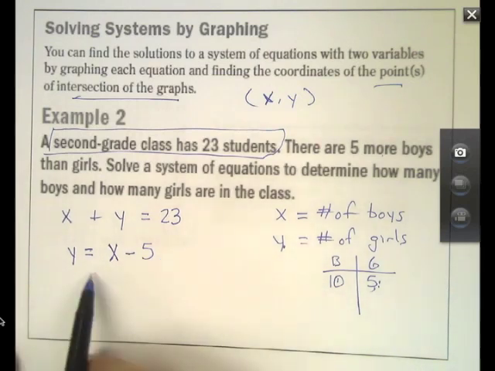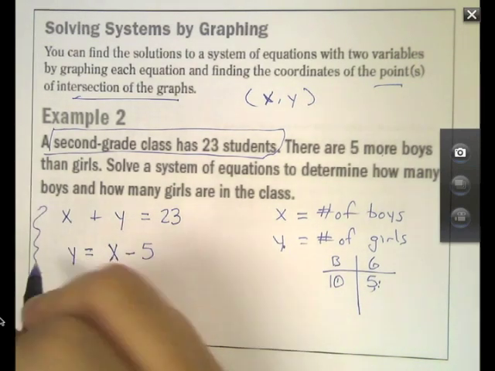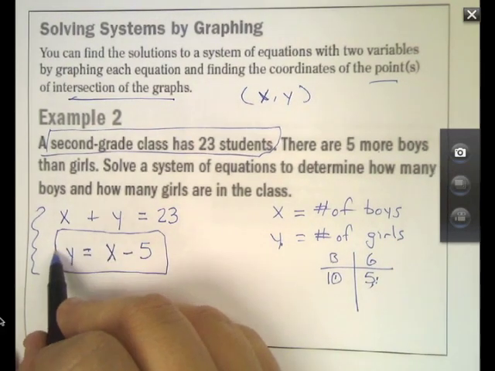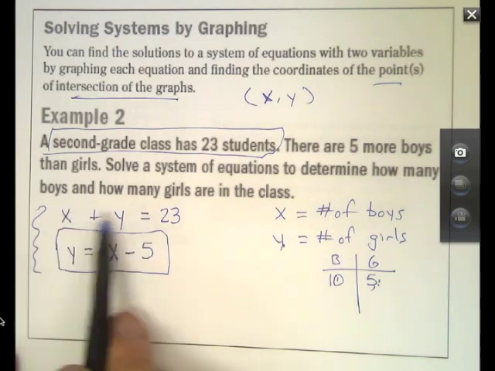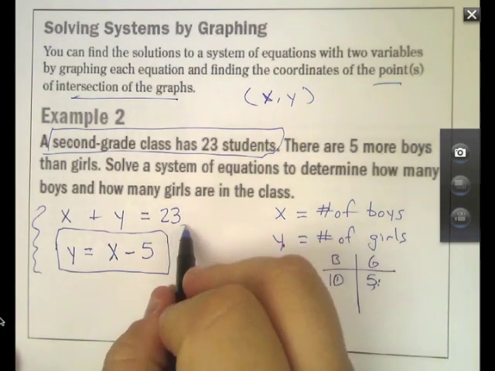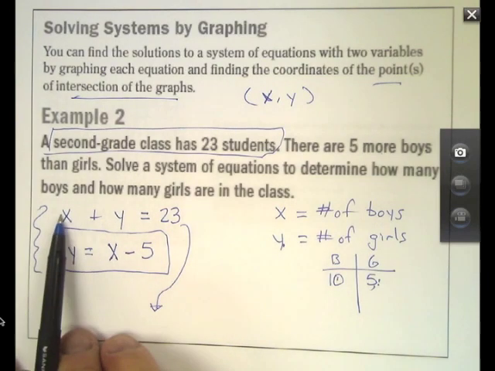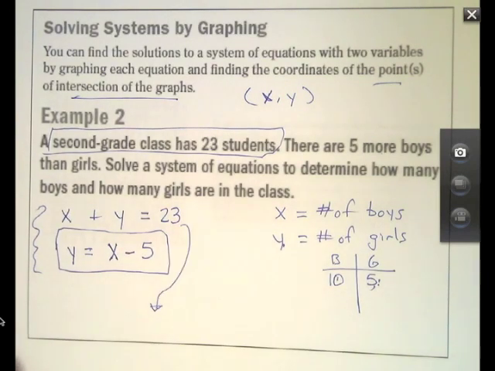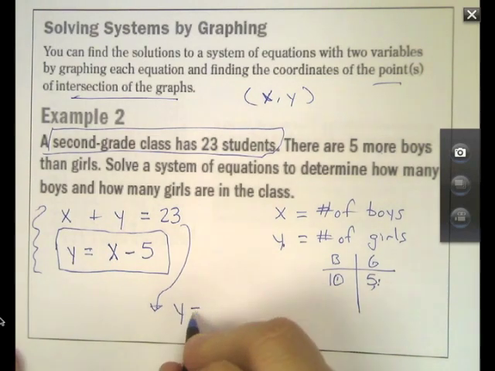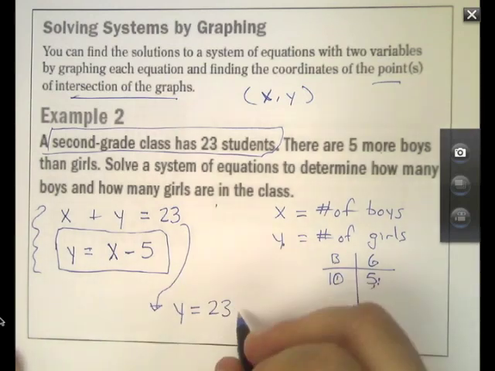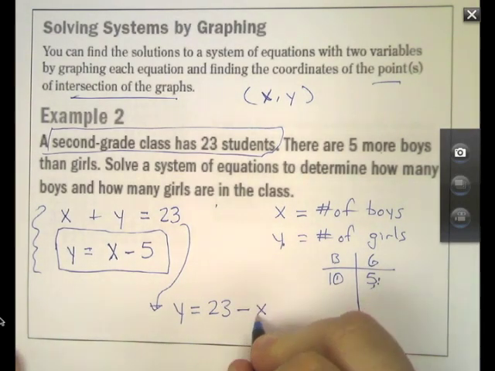Now we have our 2 equations. In order to put them on your calculator, your 2 equations have to be solved for y. This one is already solved for y. This one is not. So I'm going to solve for y. The inverse of adding x is subtracting x, so y equals 23 minus x.